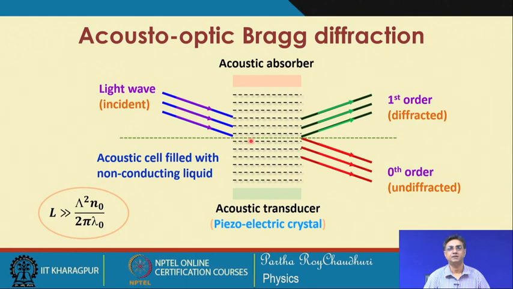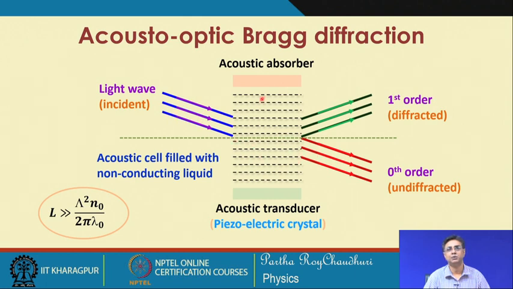inclined. The case that we will be discussing is that the light wave will be inclined at an angle which will be small, so we call it small Bragg angle diffraction. In that case, there will be a coupling of light from the 0th order, that is the undiffracted light.